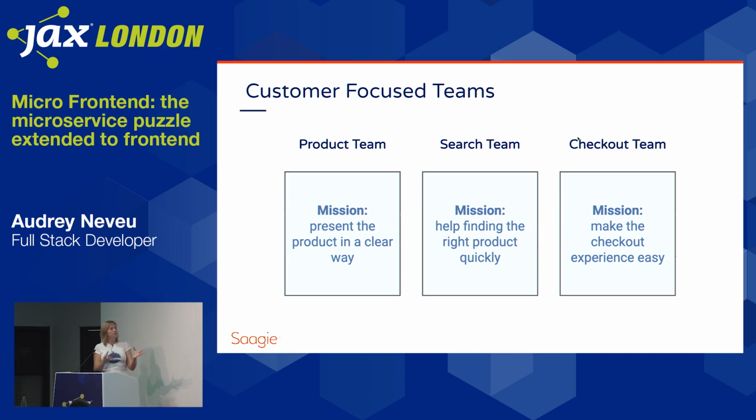For the product team, for example, it will be to present the product in a very clear way with probably related products, accessories, etc. For the search team, it will be to have a very powerful and efficient search experience with a lot of filters or that kind of stuff. And for the checkout team, it will be to have a very smooth and fast payment experience so that you don't lose the client.